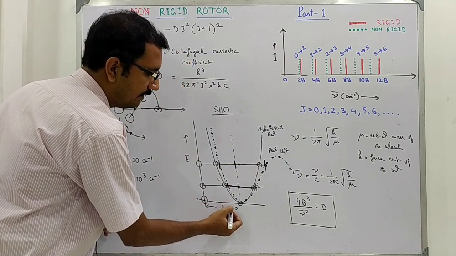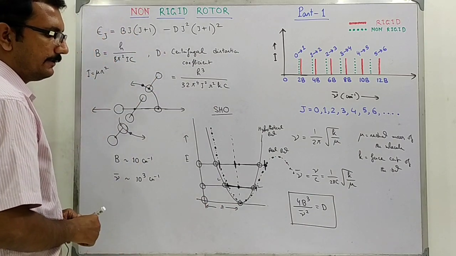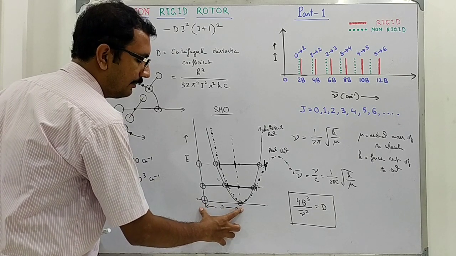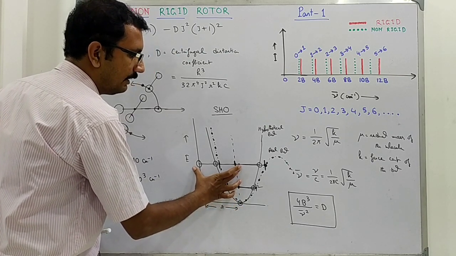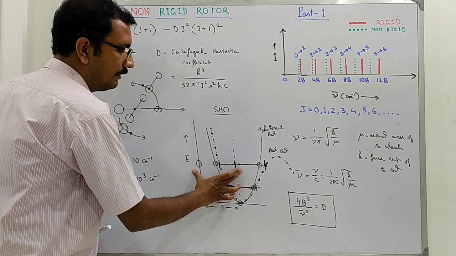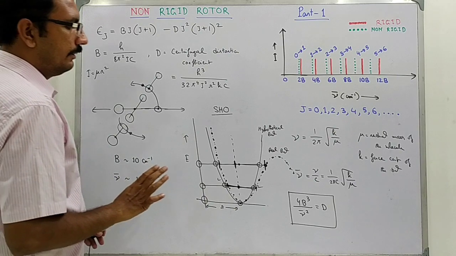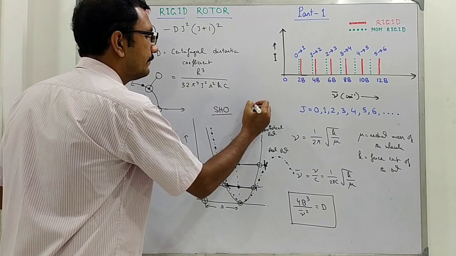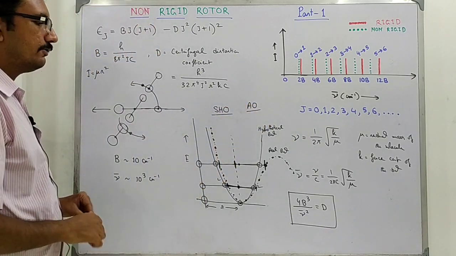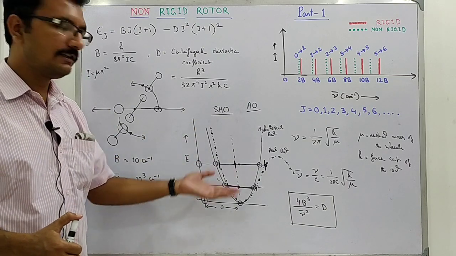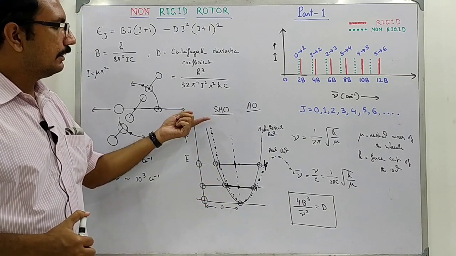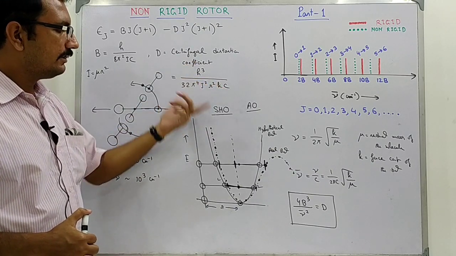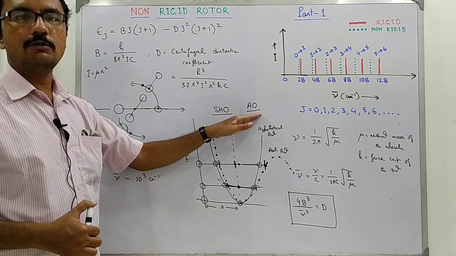So, the internuclear distance R will increase when the average is considered by the rotor. So, in the case of an anharmonic oscillator, which is the real case, the bond length is going to increase. The bond length is increasing owing to the centrifugal distortion, and it is also increasing owing to this anharmonic oscillation.